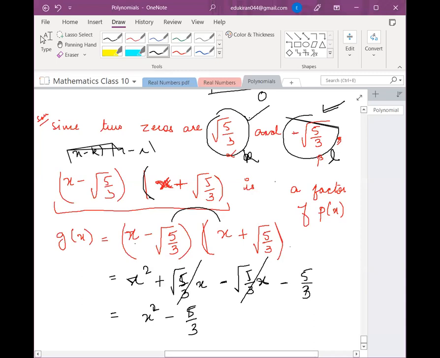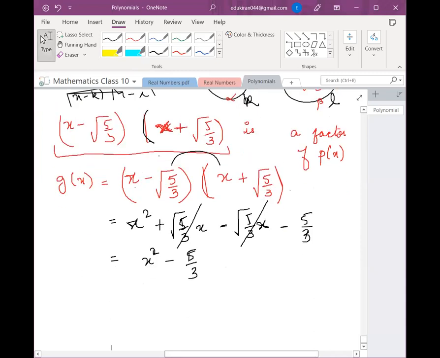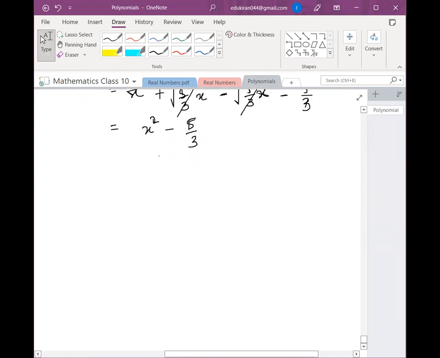Now I'm going to divide my px by gx. Clear? Yeah. Because of the fraction, this question is looking a bit messy, but no problem. So put your gx here, x square minus 5 by 3. And put your px here. Please tell me the px.